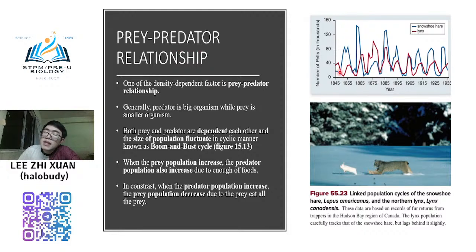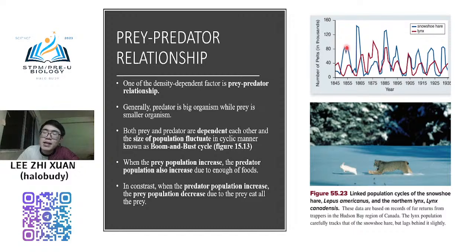You see this graph here, snowshoe hare and lynx. The lynx is the predator, and the snowshoe hare is the prey. When the prey increases, the predator also increases.